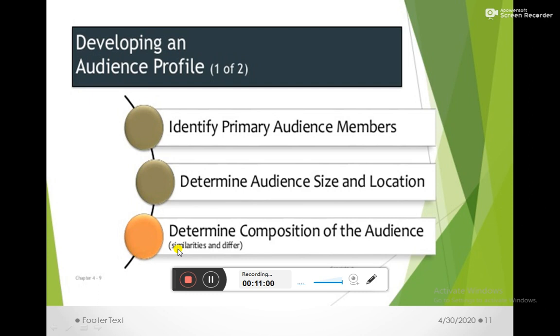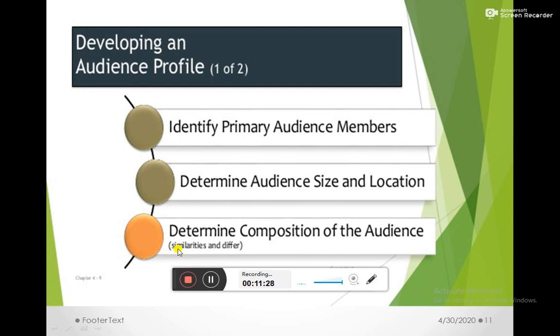If you look at the second point, determine audience size and location. It means that we are talking about the audience size and geographic distribution. A message aimed at 10,000 people spread around the globe will likely require a different approach than one aimed at a dozen people down the hall.